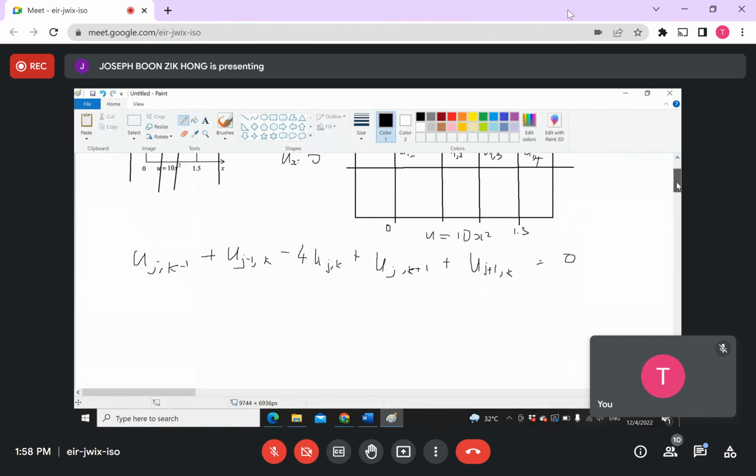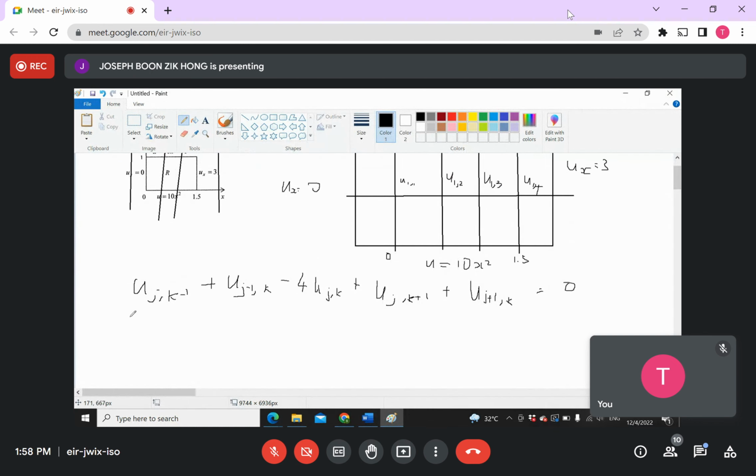So now at P11, that means I will have U10. U10 means here, that will be 10x squared.